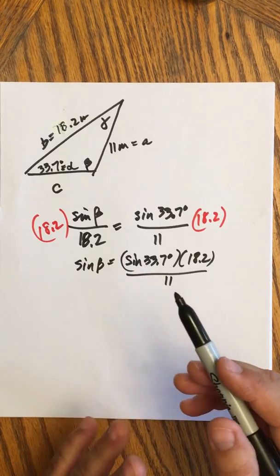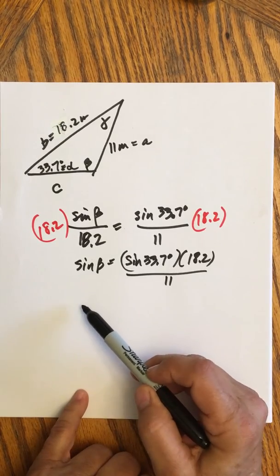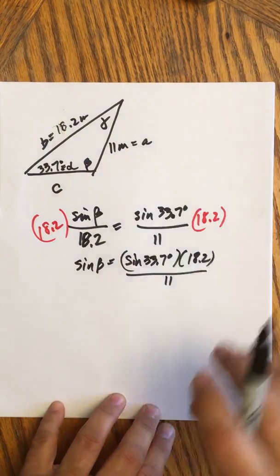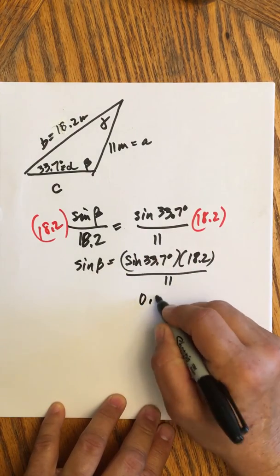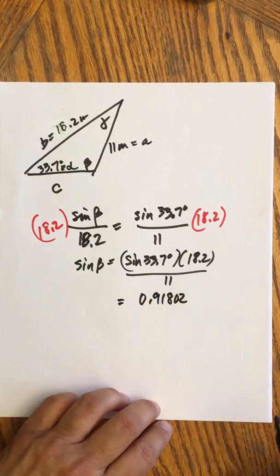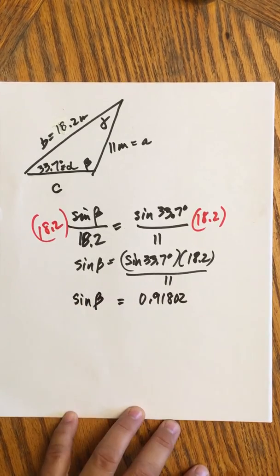If I really want to be super precise, I can just say beta is the inverse sine of all this stuff. That's up to you, but when you put it in your calculator, it's going to be 0.91802. You want to go out at least 4 to 5 decimal places to get the accuracy that you need. So there's sine beta.